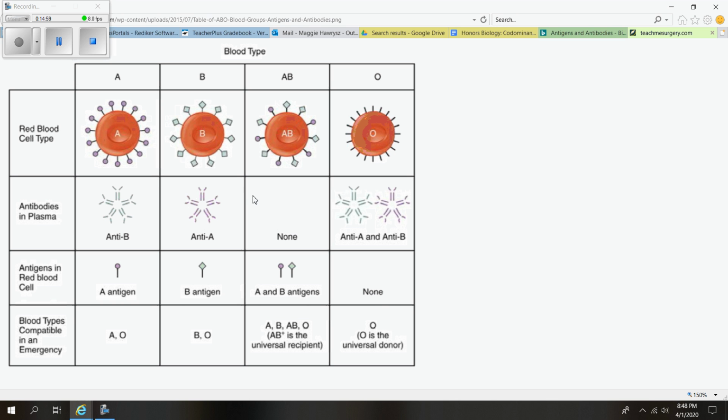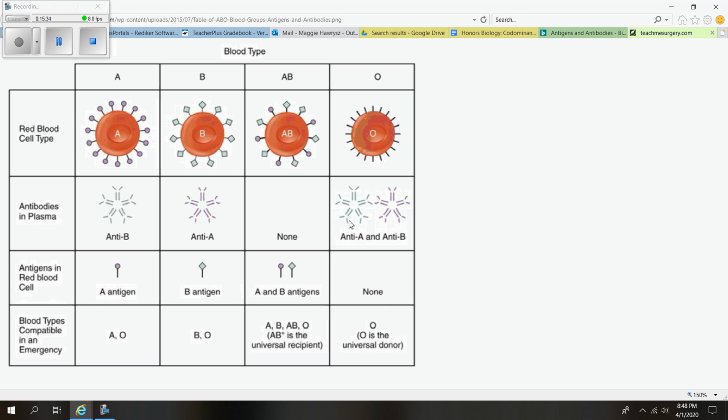Notice that there are no antibodies present in blood type AB, which means that blood type AB is the universal recipient. It's the one blood type that can receive any other blood type. Blood type O has both anti-A and anti-B antibodies, so it can't receive blood from type A or type B, but it can be donated to all of the other blood types.